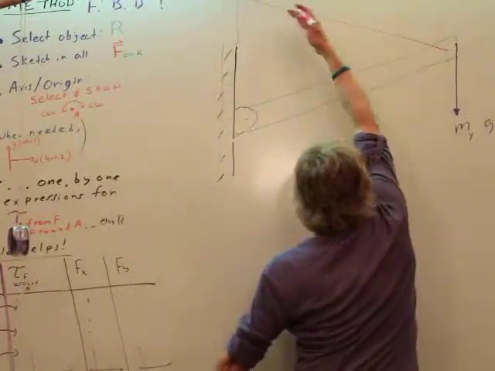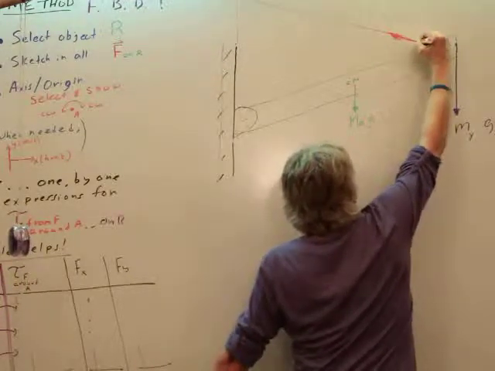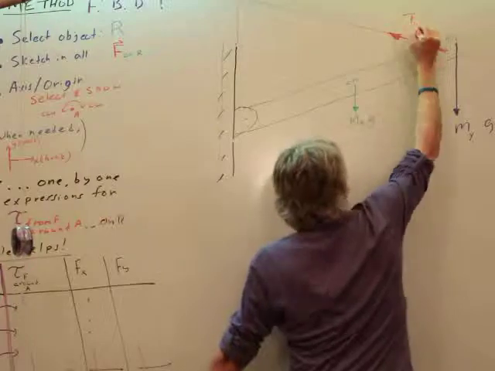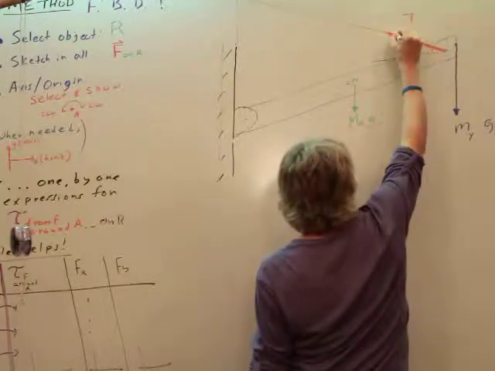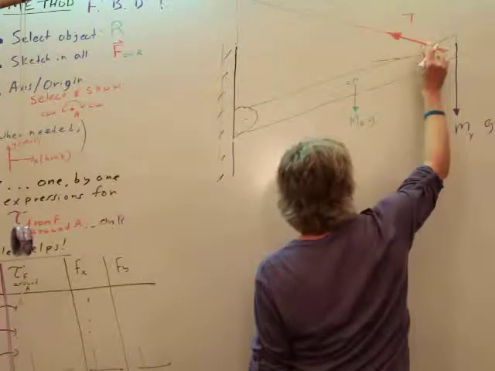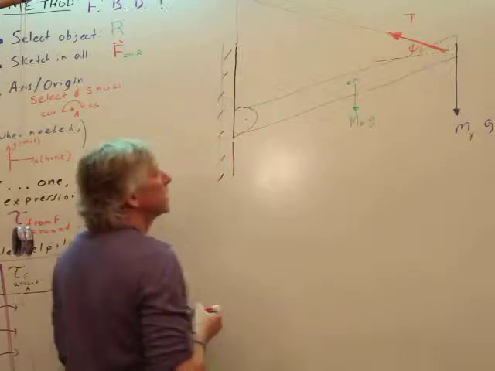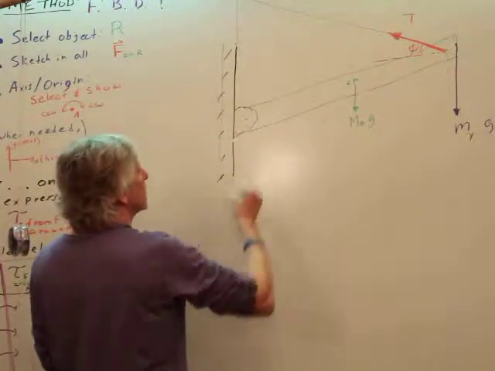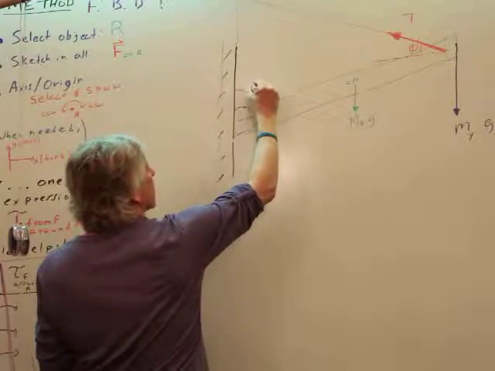And really the tension is not the length in the string, it's the strength of the pull. T. And I don't know what that angle is. I'm going to call that guy whatever, phi. And I'll need another angle. I can call this angle here theta, say.